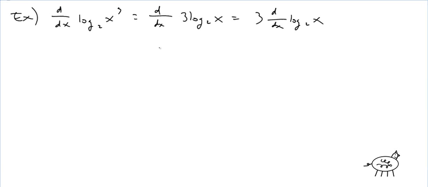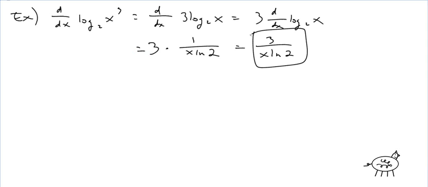And that's really easy now. That's just equal to 3 times 1 over x ln of 2, which is then just 3 over x ln of 2. Okay, that was definitely pretty easy to use that one step and rewrite it.